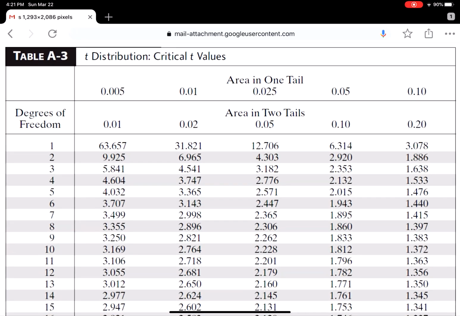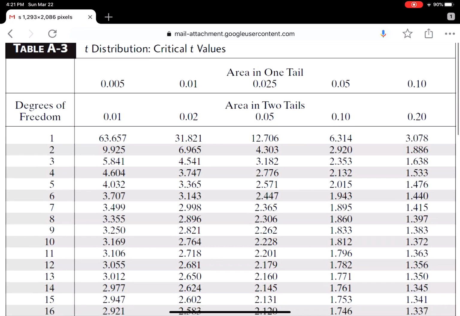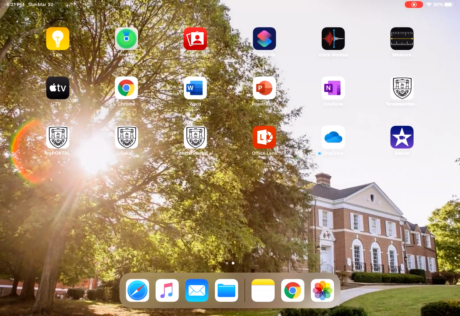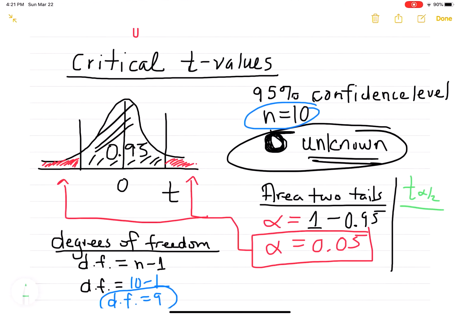Looking at area in two tails as 0.05 and degrees of freedom as 9, you're going to get a critical value of 2.262. So that's my t alpha over 2.